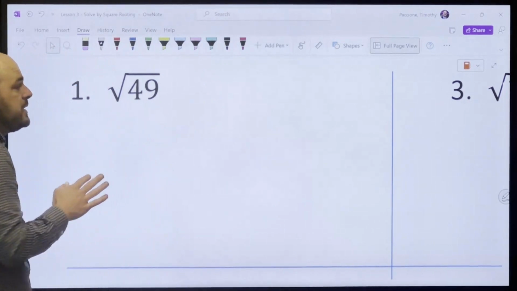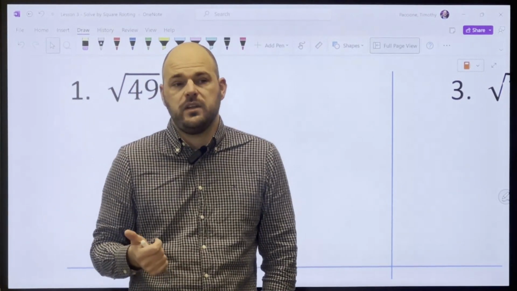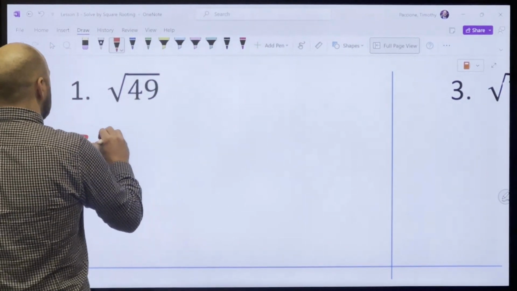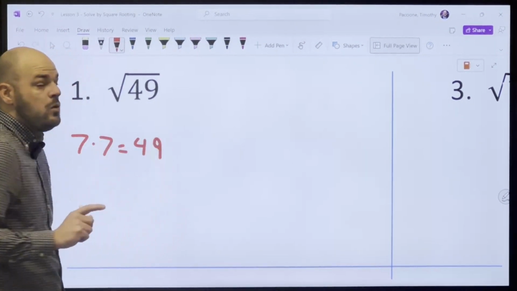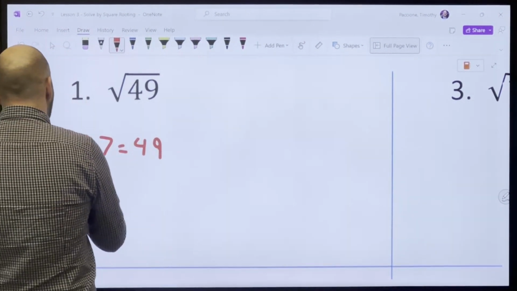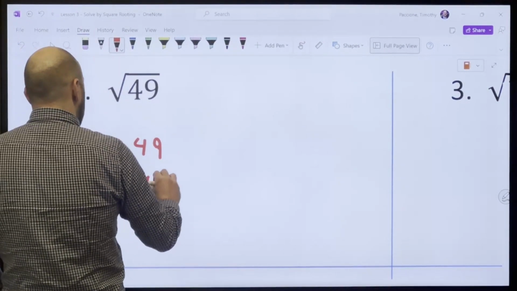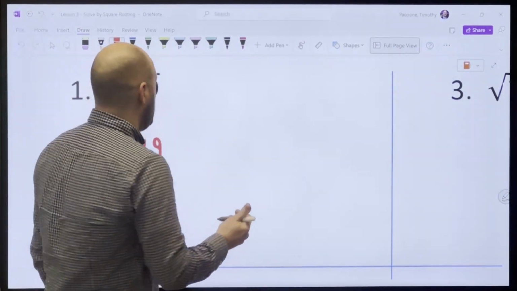Now, for this one, since it's a perfect square, we know that we can get a whole number out of it, right? We know that 7 times 7 is 49. We also know that -7 times -7 is 49. So there are two possible solutions to this situation, right?